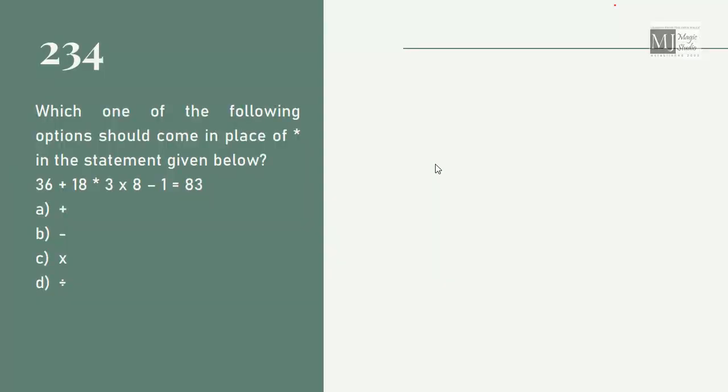Which one of the following options should come in place of this asterisk sign in the statement given below such that this statement is valid? 36 plus 18 asterisk 3 into 8 minus 1 is 83. Now can I use this?